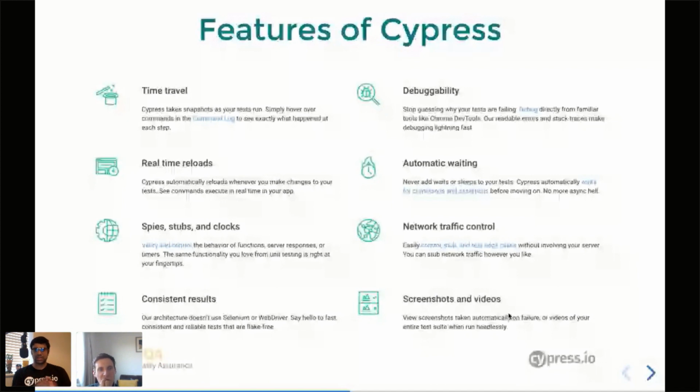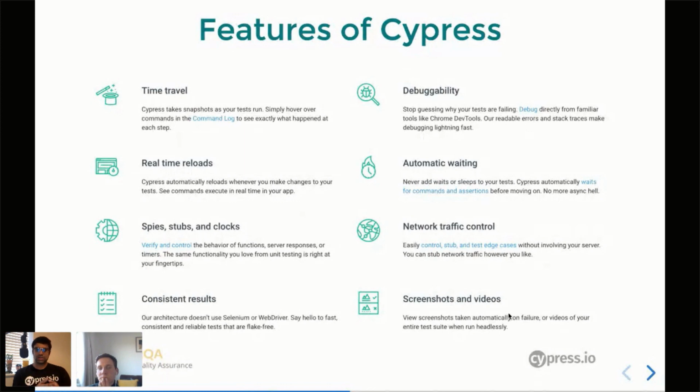There is nothing we have to configure, like do not take it, or take it only when a particular condition happens. The other one that really surprises me when it comes to Cypress is the real-time reloads. With the other tools that we have now, we have to use explicit wait or implicit wait, or give a waiting strategy, where many flaky tests get involved.